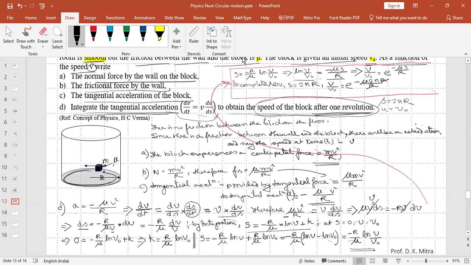So we find V is equal to V0 multiplied by exponential to the power minus 2 pi mu. This R got cancelled. So this is the final answer. Okay.